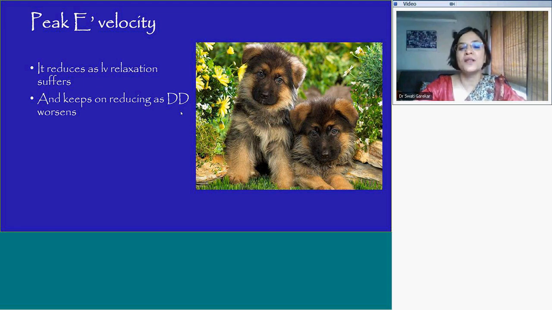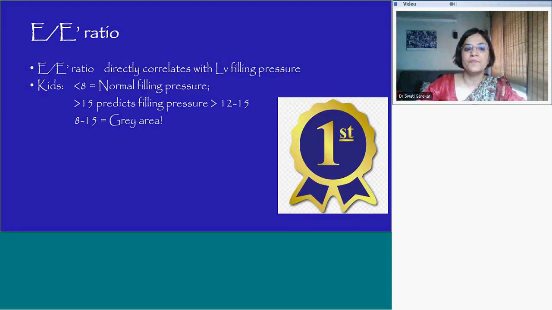The peaky wave in early diastolic dysfunction behaves differently compared to how it looks when there is severe diastolic dysfunction. It's a faithful peak E prime. The E by E prime ratio also gets very high marks for helping us understand diastolic dysfunction. The E by E prime ratio directly correlates with the LV filling pressure.